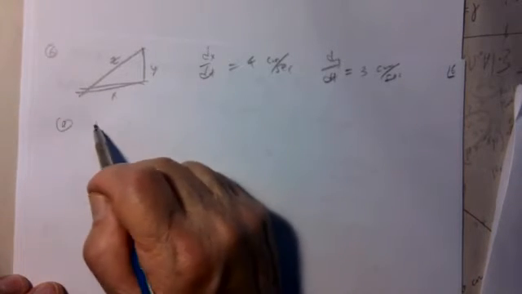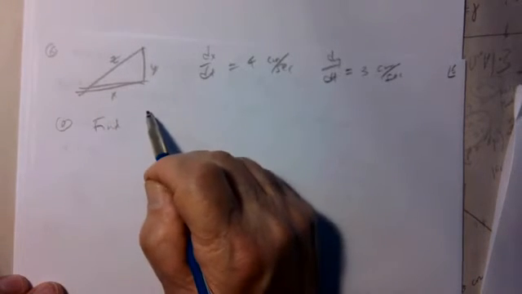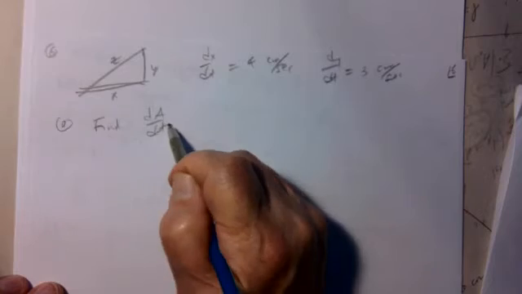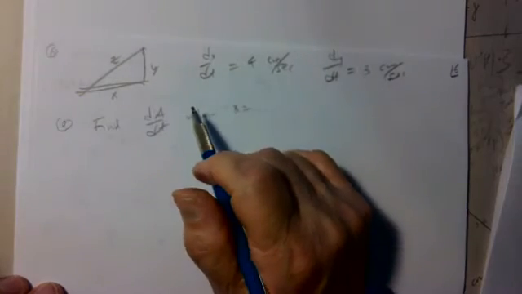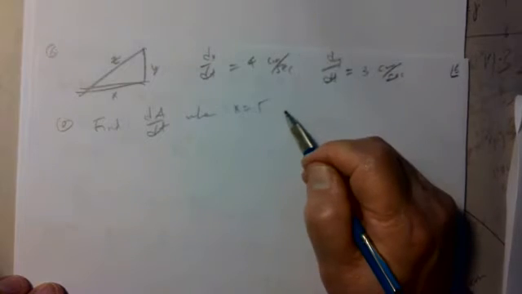So for part A, we want to find how fast the area dA/dt is changing when x is equal to 5 and y is equal to 12.